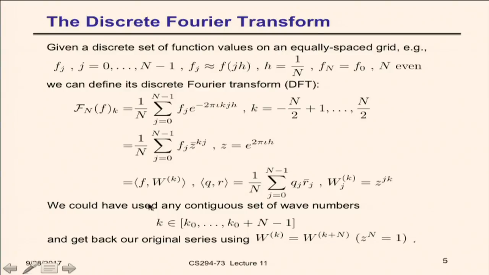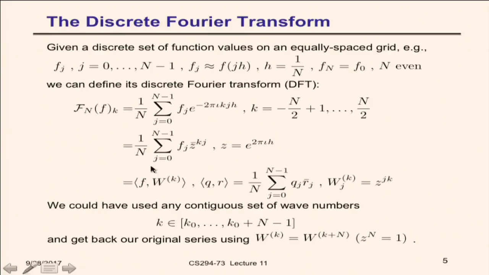Another way to look at it is that we're taking the inner product of f with w_k's, where the inner product is just the discrete inner product: q inner product r is 1 over n sum j equals 0 to n minus 1 q_j r_j conjugate, the discrete inner product on complexes, and w_jk is z to the jk.